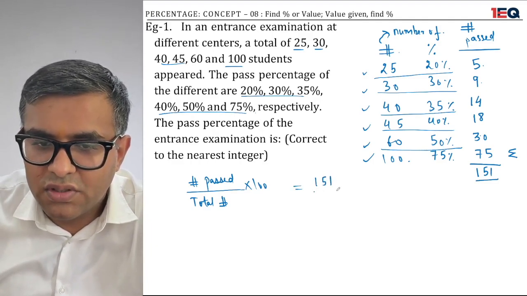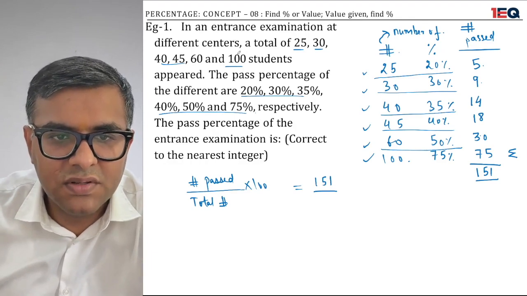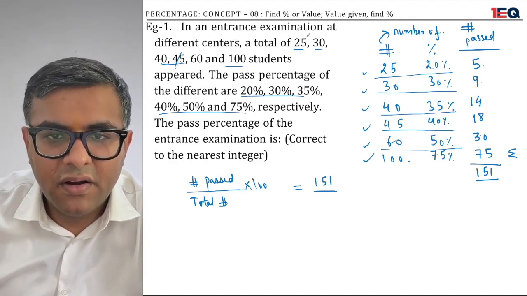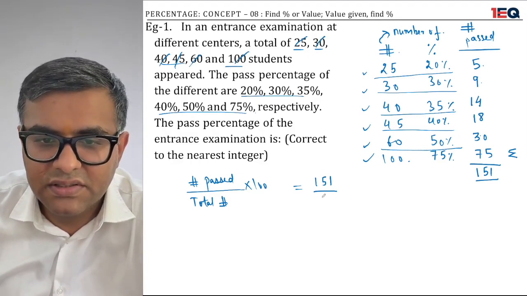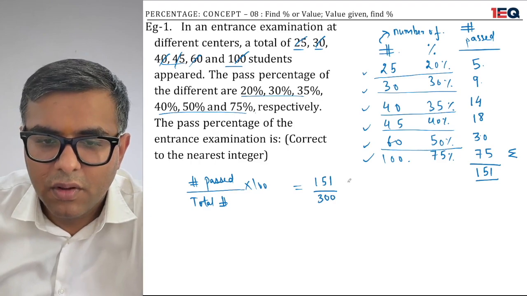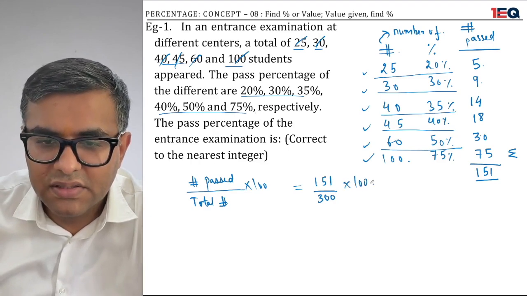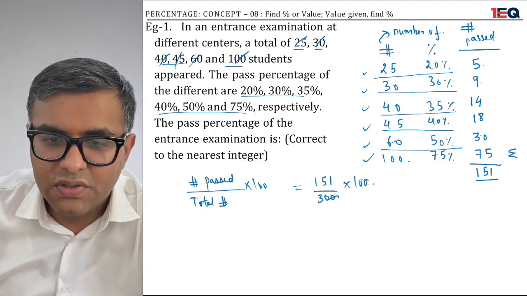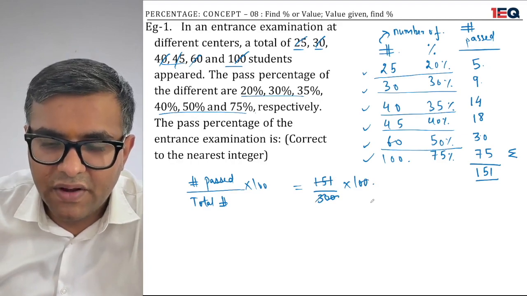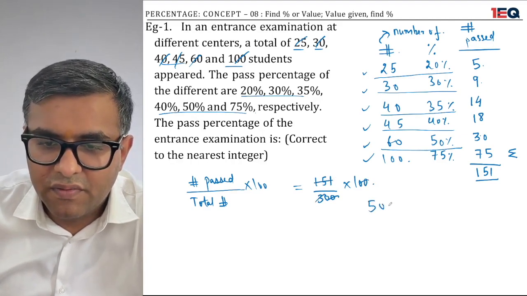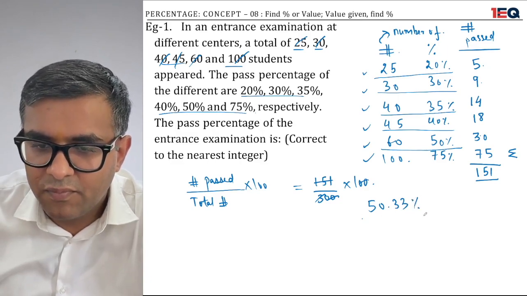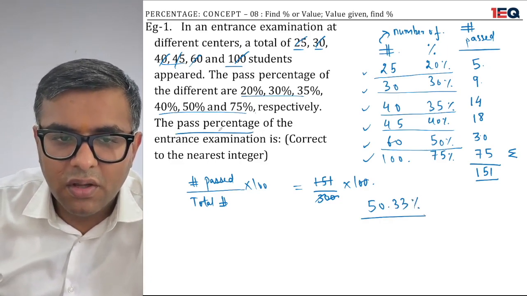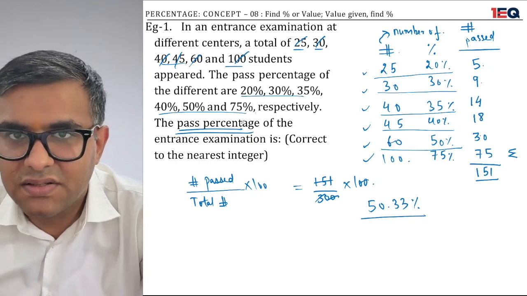The total students who came to take the examination: 45 and 25 is 70, 70 plus 30, 100, 100 plus 100, 200, and this is 300. So 151 divided by 300 into 100, two zeros gone, three fives are 15, so 50.33% is the pass percentage which is being asked here.